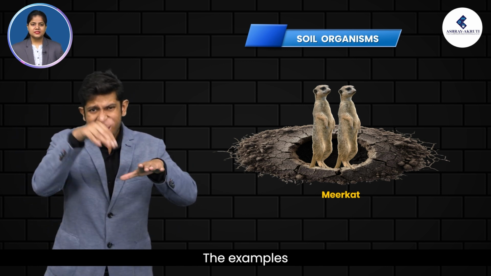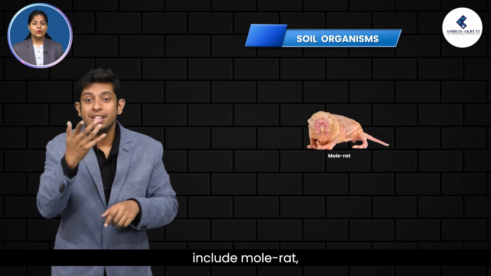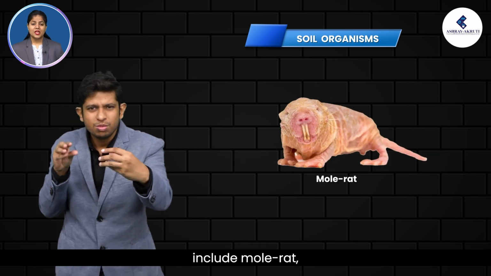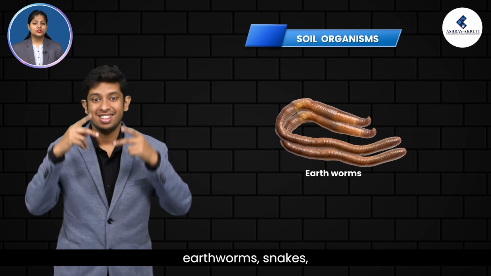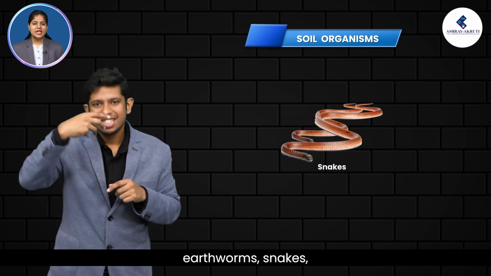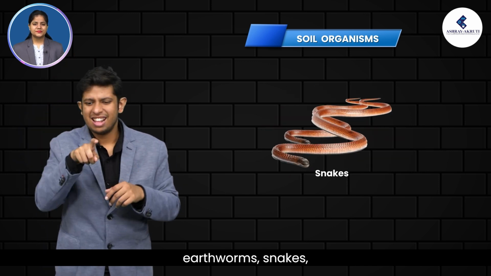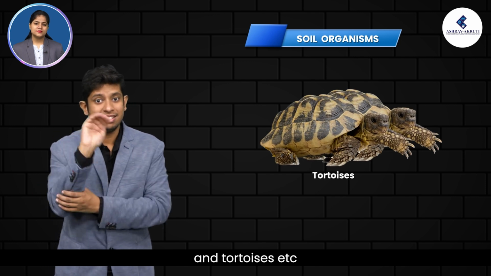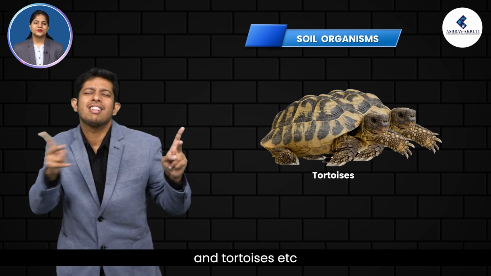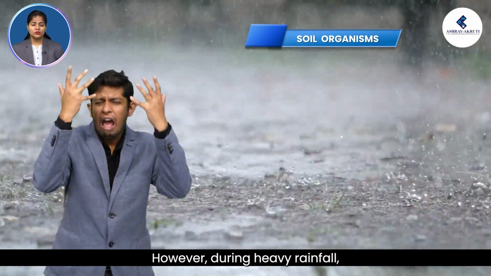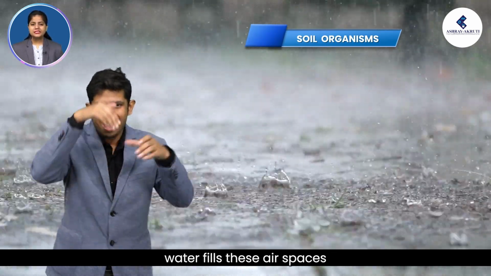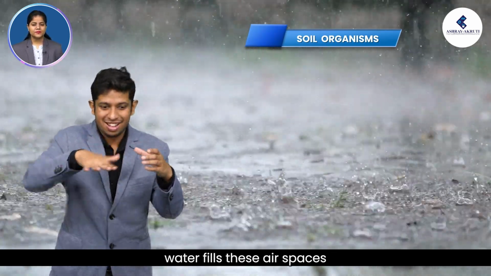The examples include mole rat, raccoons, badgers, earthworms, snakes, and tortoises, etc. However, during heavy rainfall, water fills these air spaces in the soil.